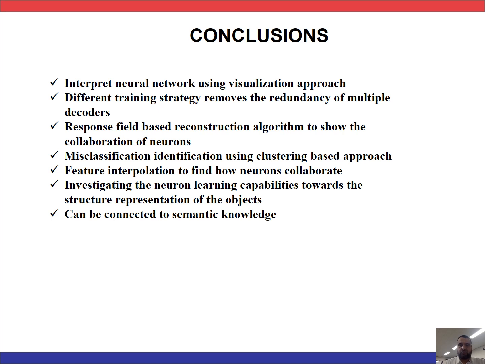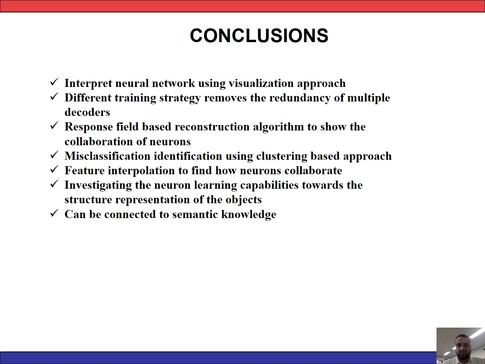Similarly, we also proposed a response field-based reconstruction algorithm, like how the neuron collaboration works. A single neuron is meaningless. Actually, neurons work in collaboration because of the behavior of the convolution operation. So we proposed a response field-based reconstruction algorithm to show how these neurons collaborate.